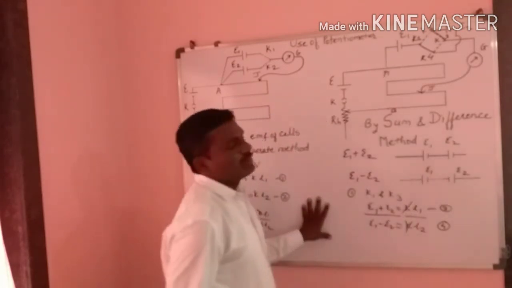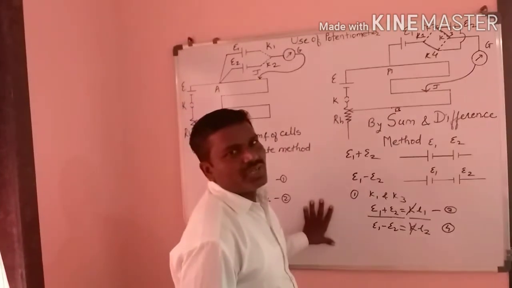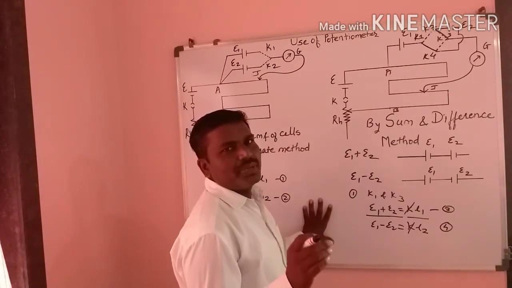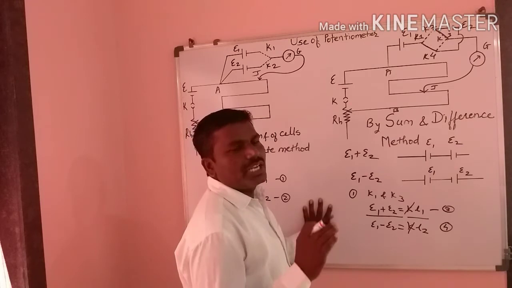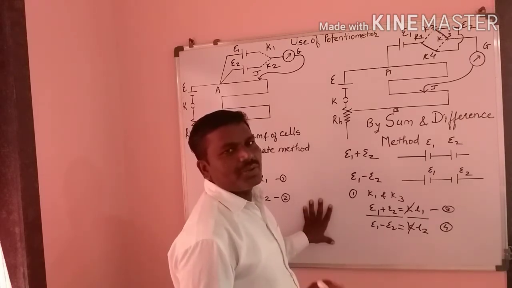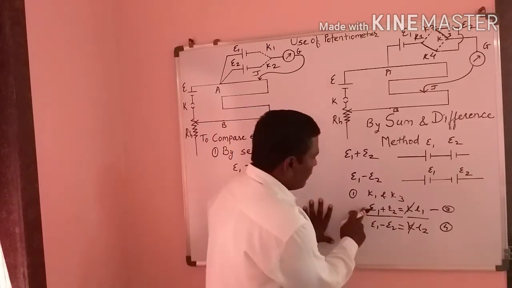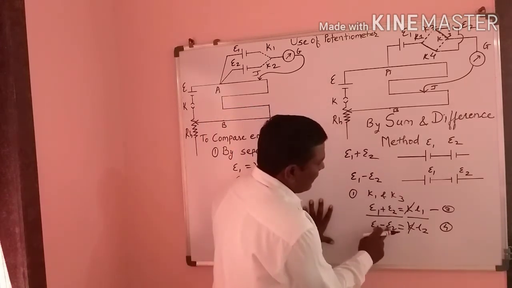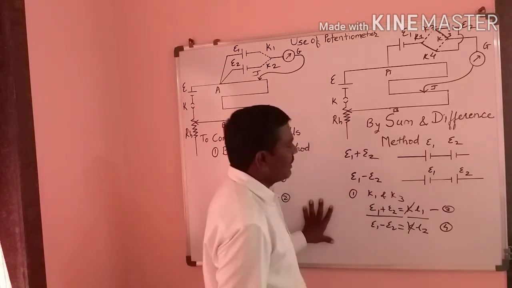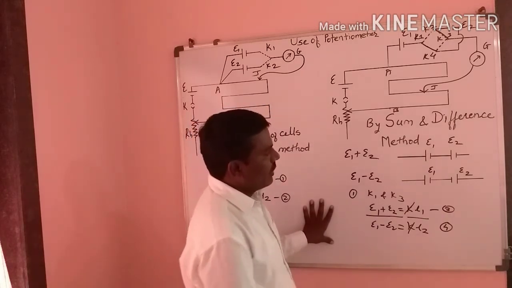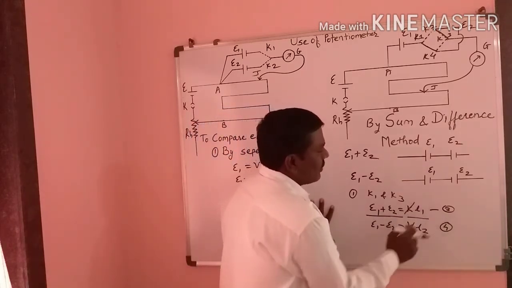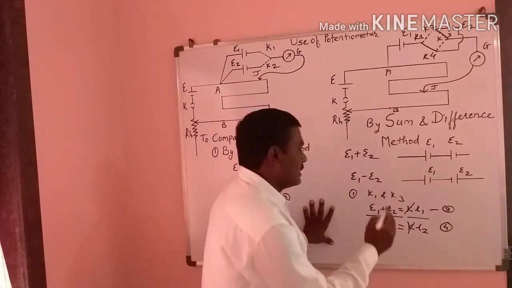When we use the componendo and dividendo method, in the numerator and denominator the terms are added, and the numerator and denominator are subtracted. That means E1 plus E2 plus E1 minus E2, and in the denominator E1 plus E2 minus E1 plus E2, is equal to L1 plus L2 upon L1 minus L2.